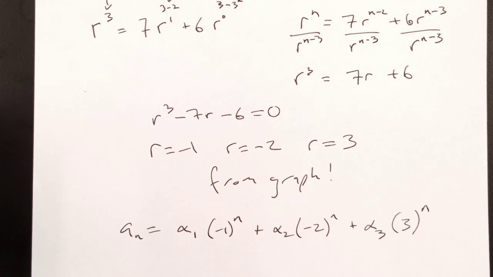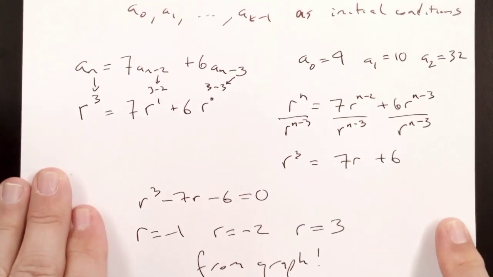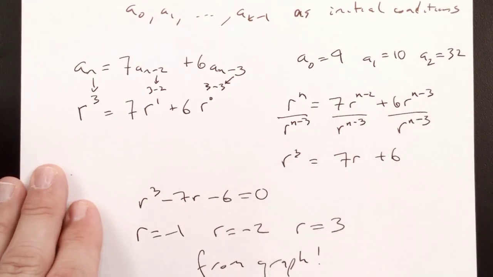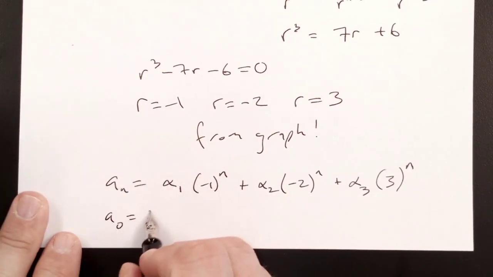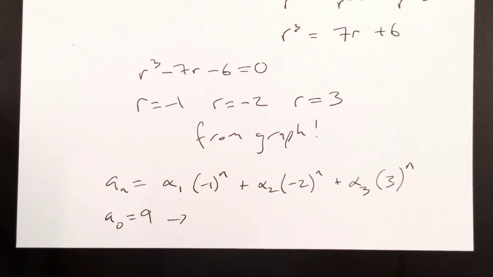How do I find the alpha values? Say again. So back up here, the initial values I have are A0, A1, and A2. A0 equals 9. What do I get for an equation out of that?